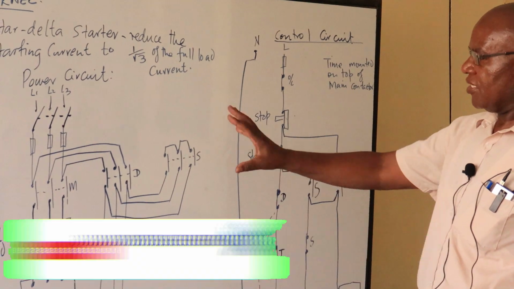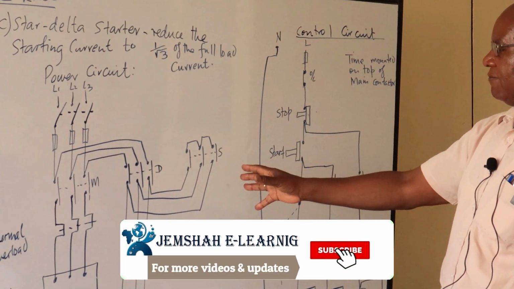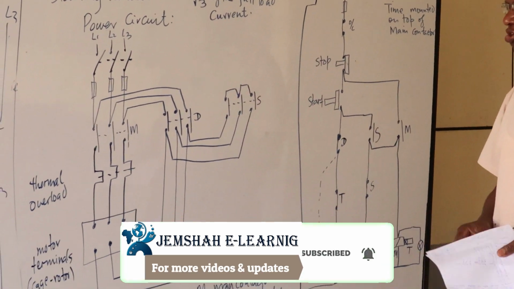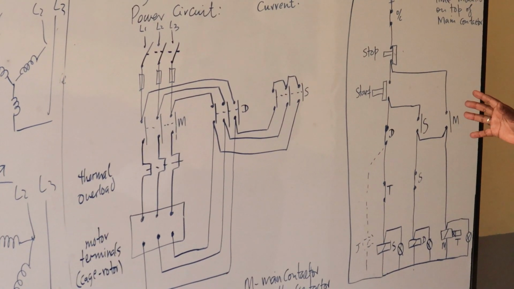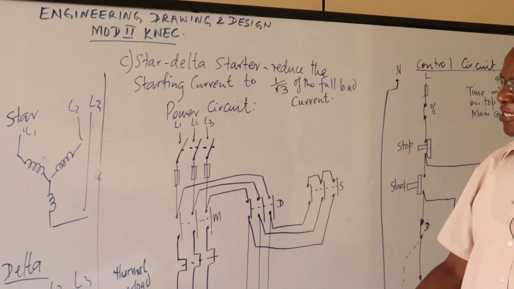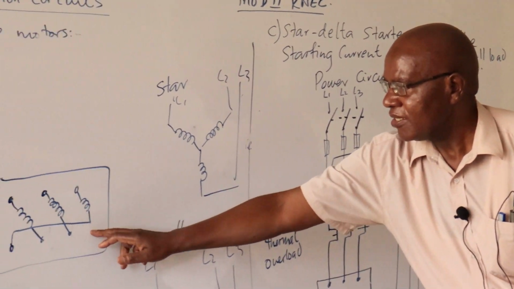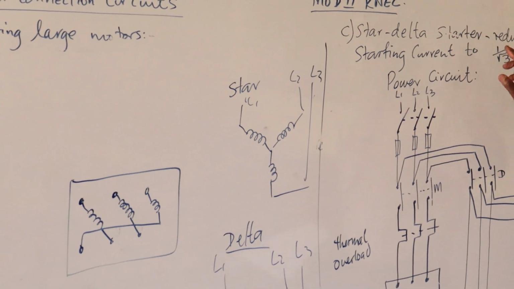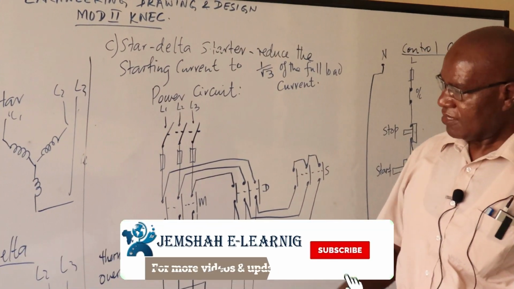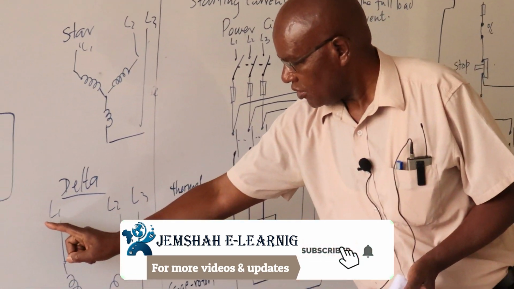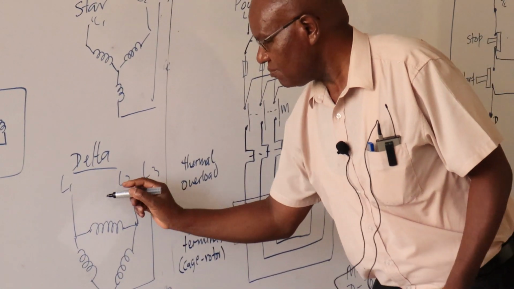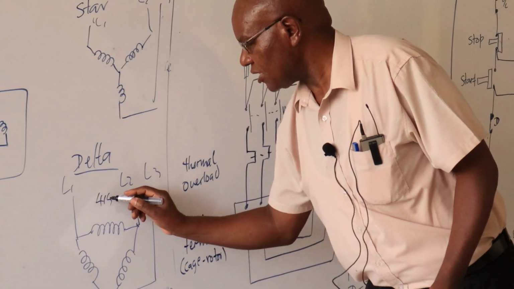So briefly, in most circuits, the power circuit will be mainly like that, with maybe some slight alterations. The key thing to remember also is that in case you want to connect a motor to star delta, the windings of this motor here should be able to withstand the full three-phase voltages. That means, as you can see here, between L1 and L2, we have got the 415. So not all motors can be connected to star delta.